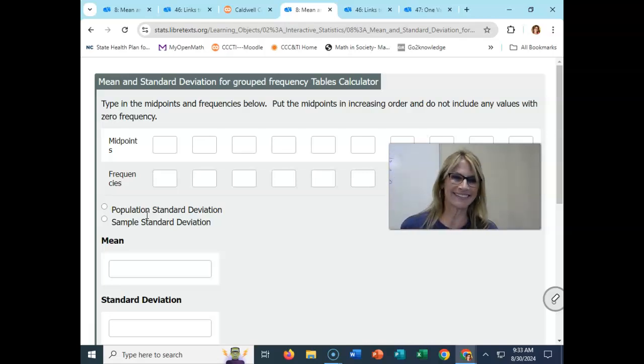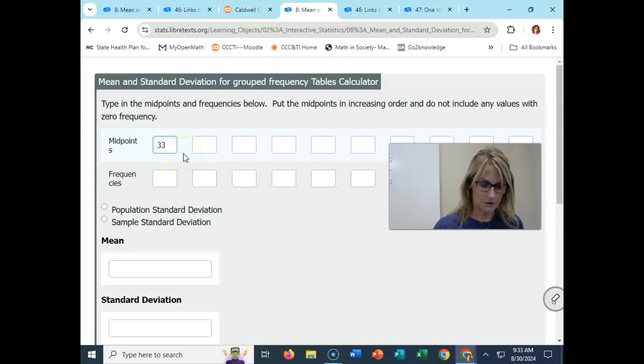Let me grab my data. Here we go. And some people were going between 32 and 35, so we average 32 and 35 and we get 33.5.